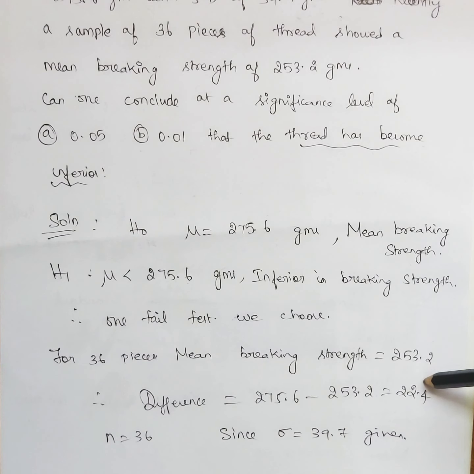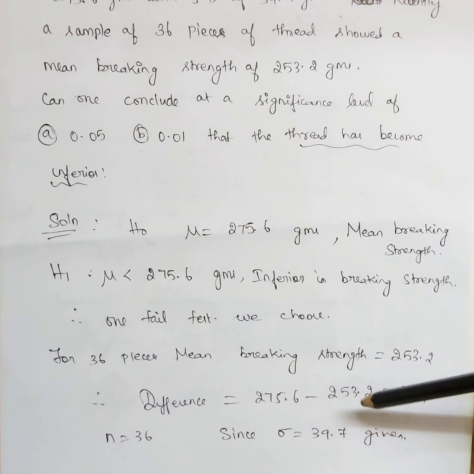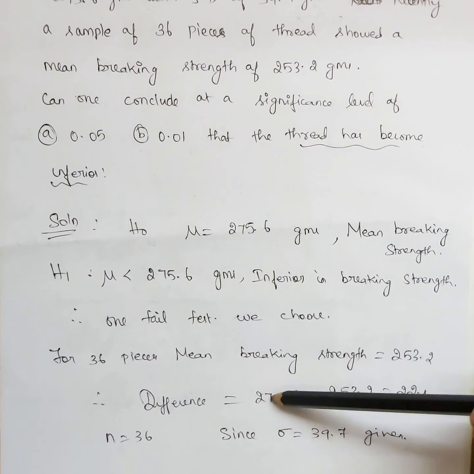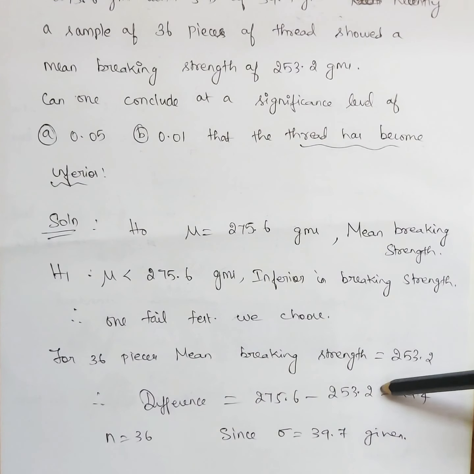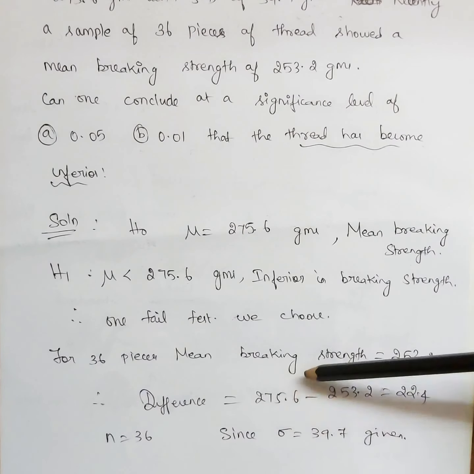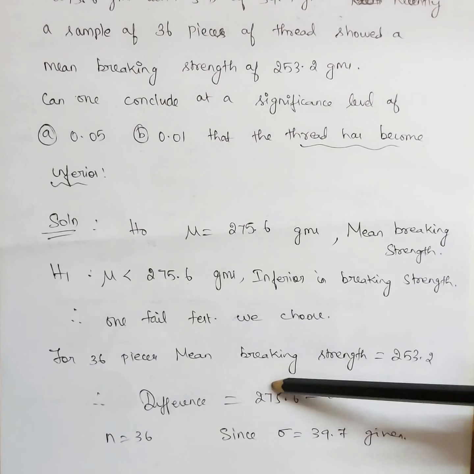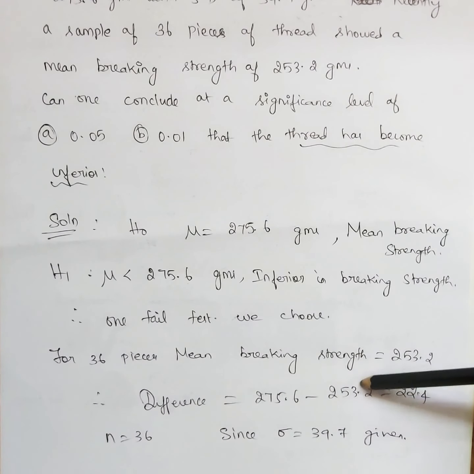Now you may ask another doubt. Actually, you may get another doubt. You should. Can we write this value in the beginning and this value as the second value? So always write the bigger value, because we will take the modulus, because we are checking the modulus value. So 275.6 minus 253.2. So we are getting 22.4.